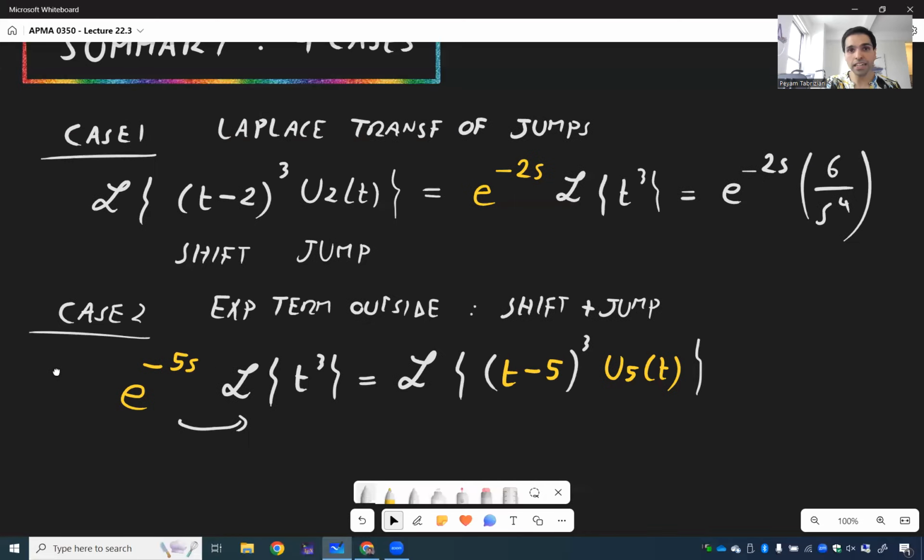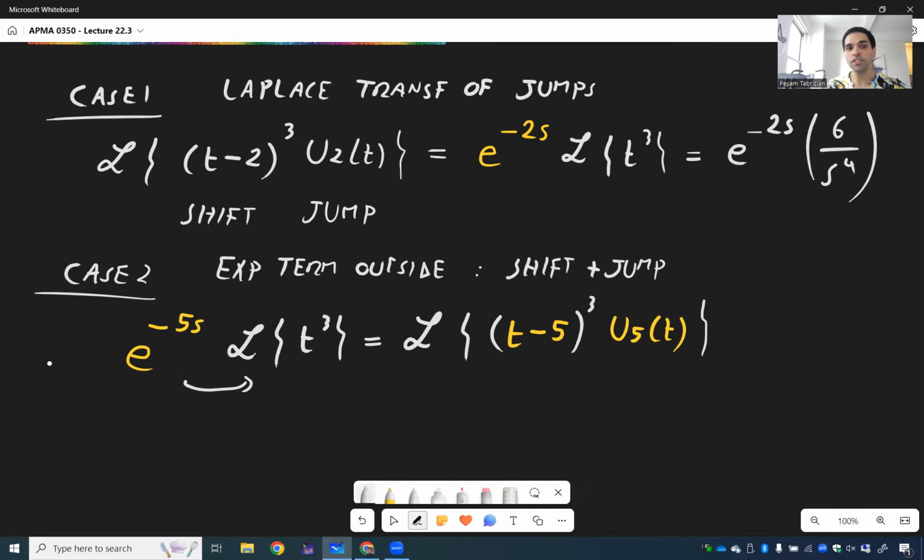And in this lecture, we first saw what happens if the exponential term is inside. So case 3. Term inside. That's when you just had a shift.